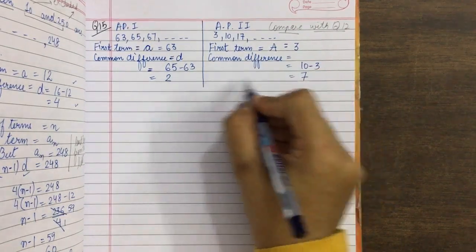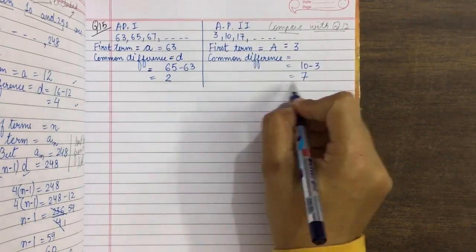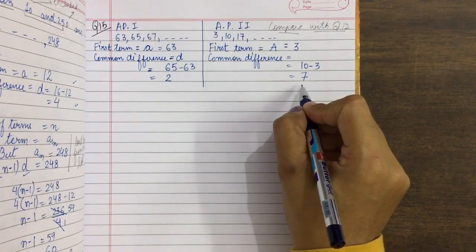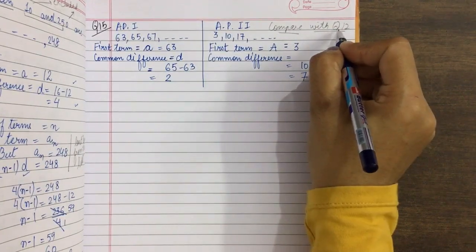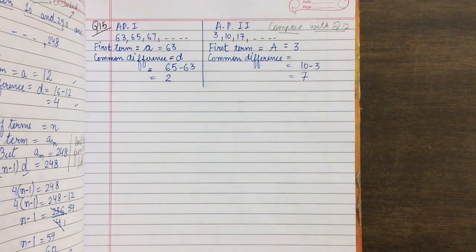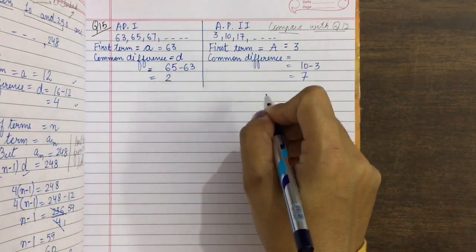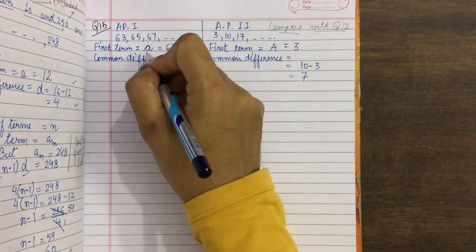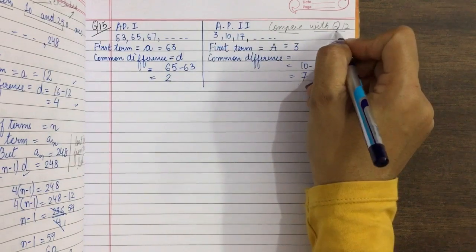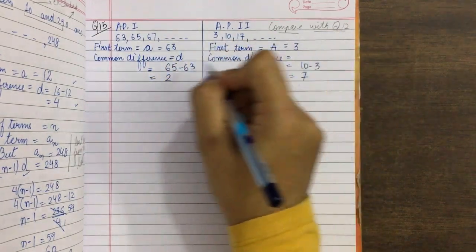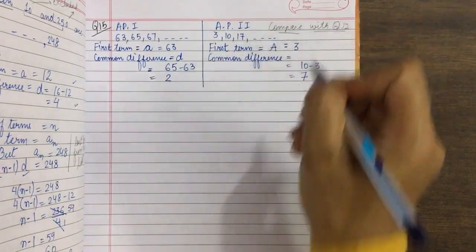Now the common difference is also not same, it's different. Here it's 2, here it's 7. But in question number 12, the common difference was same. We represented it as d for both progressions. The first terms were represented with small a, capital A in question 12. Common difference was d for both in question number 12.